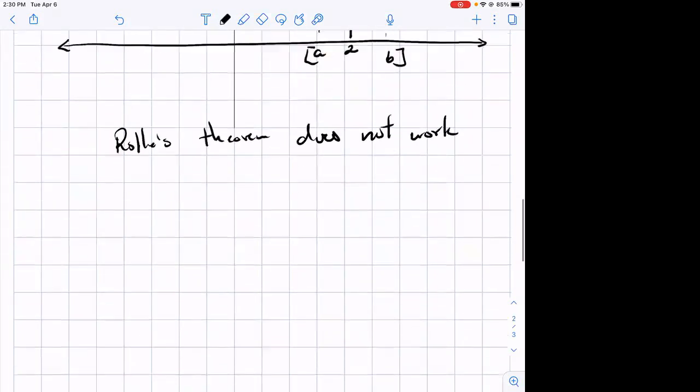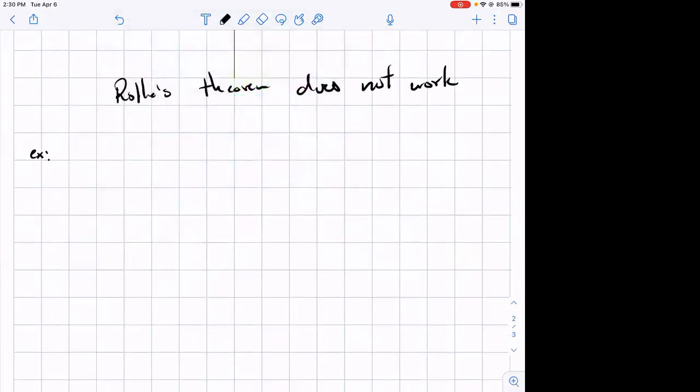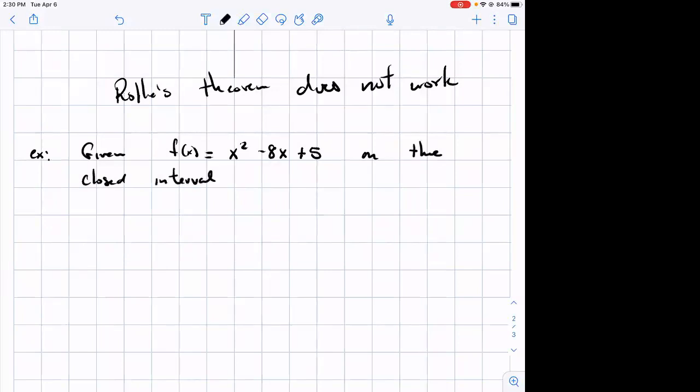Okay. So let's look at an example. Given f of x equals x squared minus 8x plus 5 on the closed interval 2, 6.